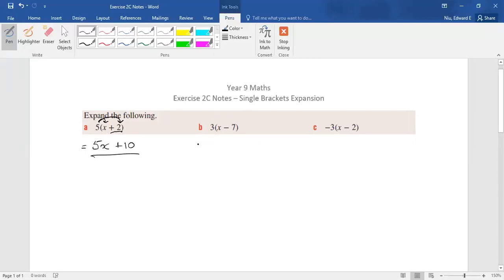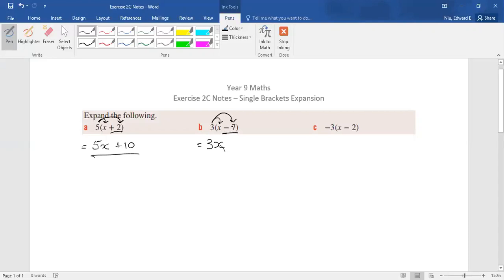Over here, example B, we've got 3 on the outside, so we would multiply with 3x. So 3 times x would get us 3x. And then what we would do is multiply 3 with -7.